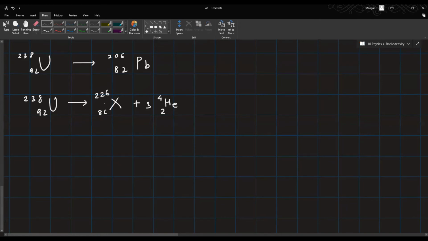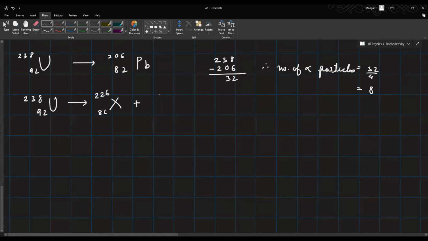Okay, so you can't keep doing this all the while. You can directly think of this. There is 238 that is becoming 206. So what is the answer to that? 32. Therefore, the number of alpha particles will be 32 upon 4. That will be 8. So the number of alpha particles given out will be 8.